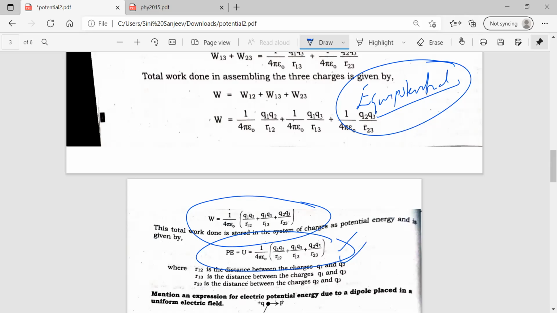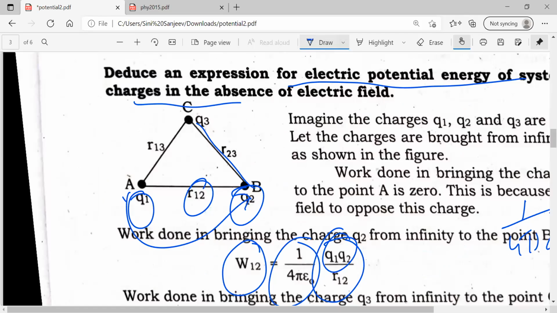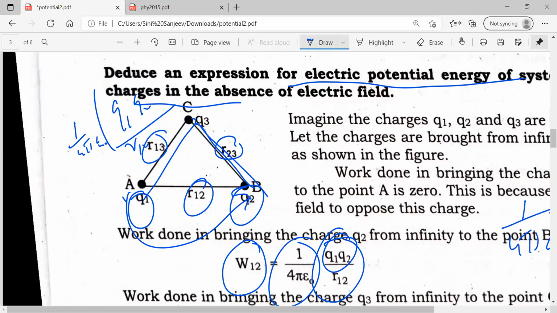So this is the important formula which we have to remember. 1/4 pi epsilon naught Q1 Q2 by R12 plus Q1 Q3 by R13 and Q2 Q3 by R23. So from this only I'm getting the diagram. Now with this we will do one problem.